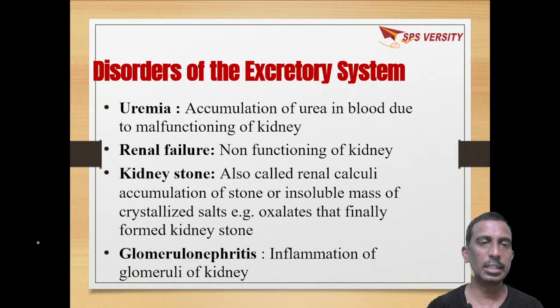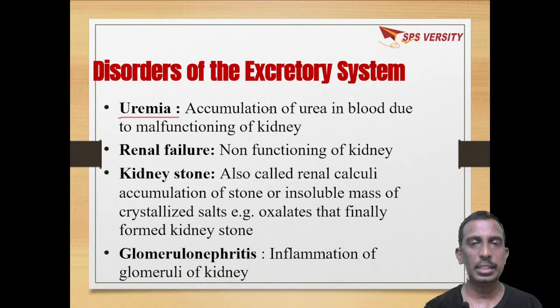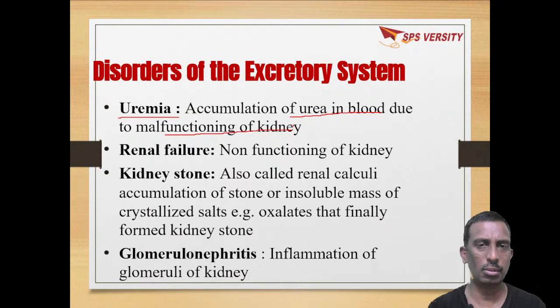So one is uremia, where there is accumulation of urea in the blood due to malfunctioning of the kidney. That means when there is no proper functioning of the kidney, it cannot remove urea, so urea gets accumulated in the blood. Renal failure is the non-functioning of the kidney.